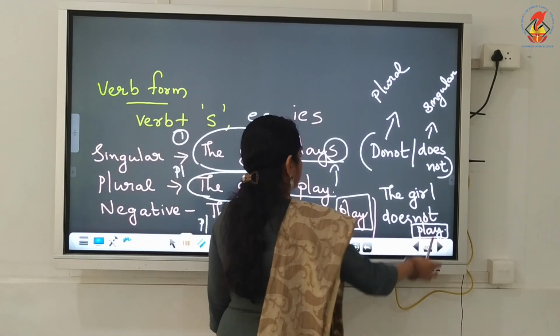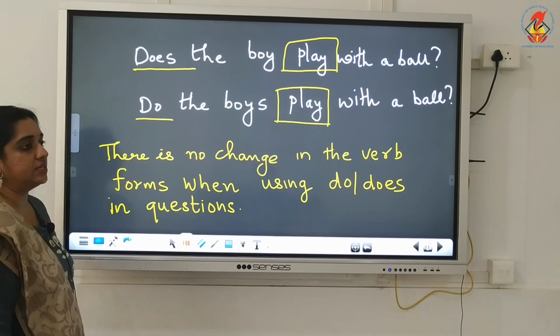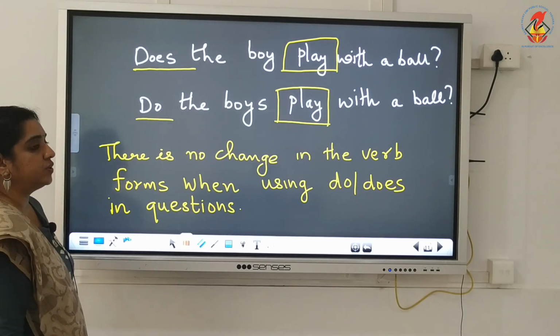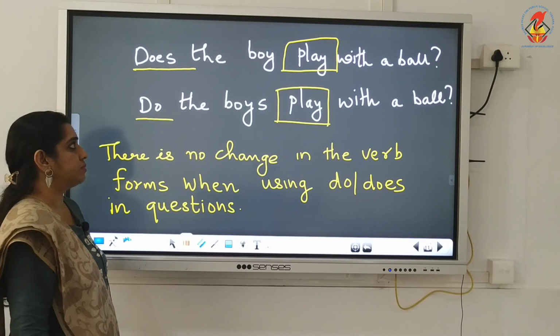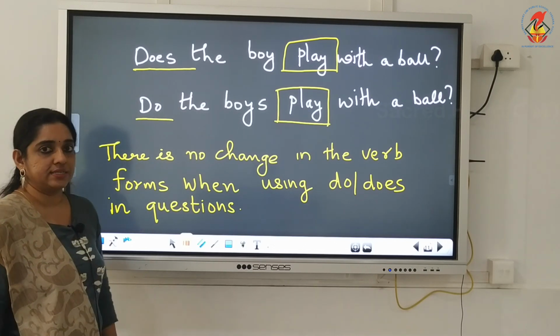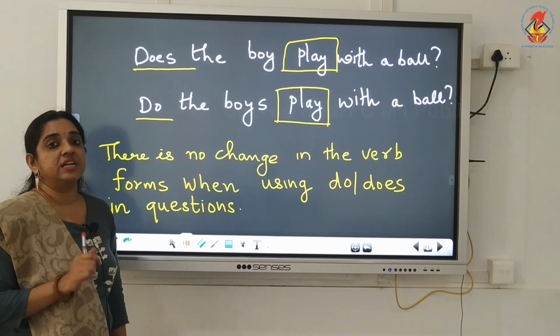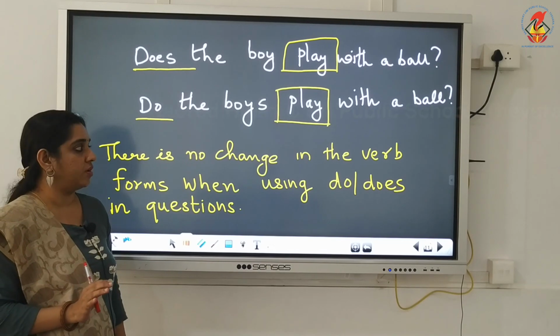Then come to the next one, that is interrogatives using does and do. Does and do you can use in the beginning of a sentence to make it interrogative, and always remember, for do and does, both in negatives as well as in interrogatives, there is no change in the verb forms.